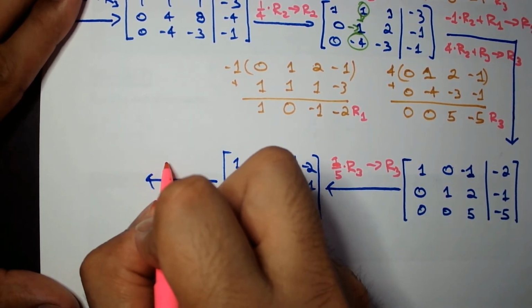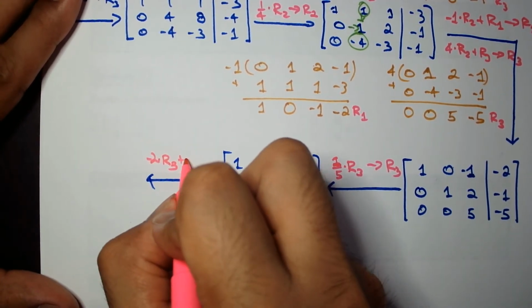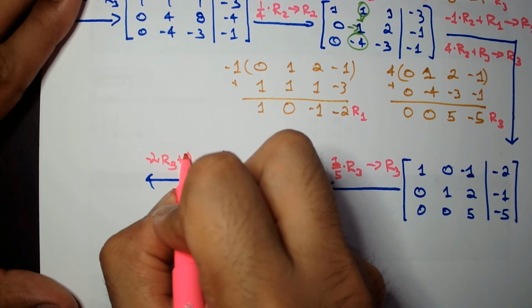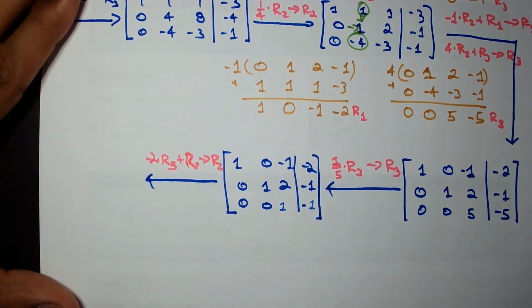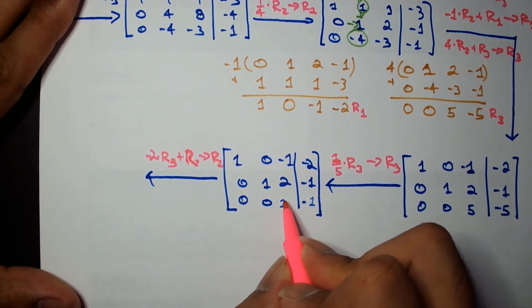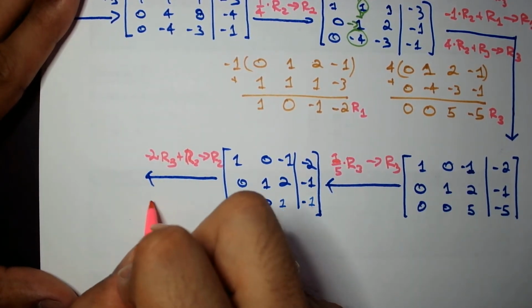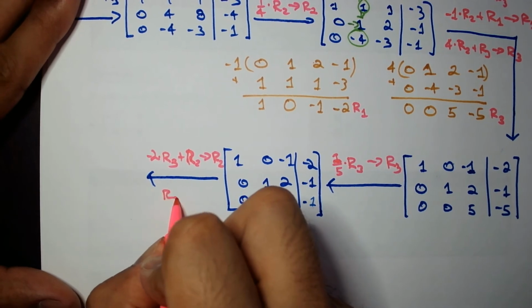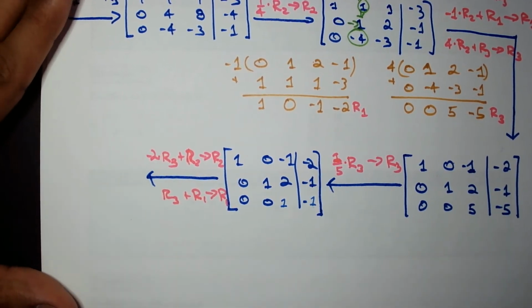So the third row times -2 plus the second row to obtain a new second row. And then I need to do the opposite. Well, in this case, notice that 1 and -1 are already in opposite signs. So all we have to do is combine those two rows together, R3 plus R1, to obtain a new R1.